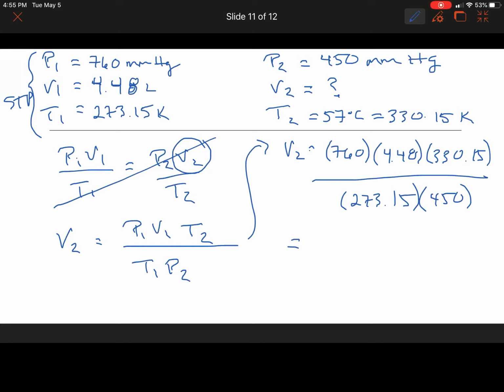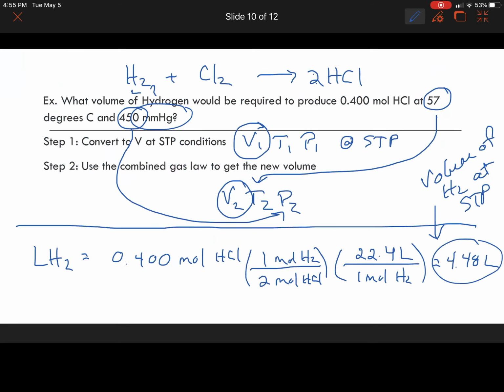So 760 multiplied by 4.48 multiplied by 330.15 divided by 273.15 divided by 450. And you get an answer of 9.1451.